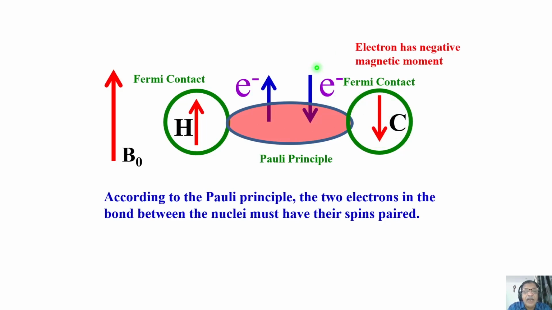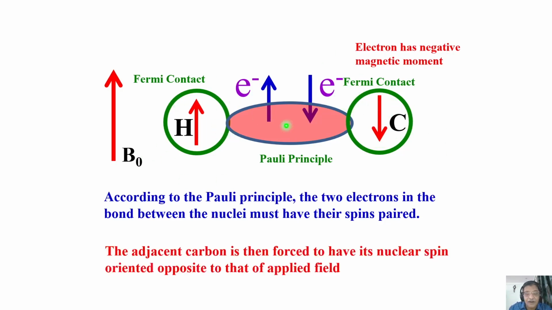So now I understood the orientation of proton and carbon. What does it do to the adjacent carbon? Because of this type of mechanism, first Fermi contact, then Pauli principle pairing up, then again a Fermi contact, these interactions will force the neighboring carbon to have spin oriented opposite to this field. Please understand the concept now.